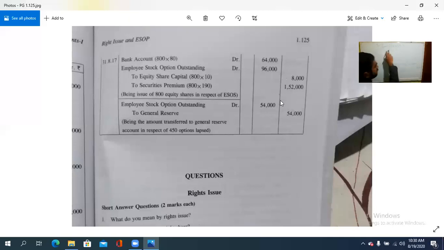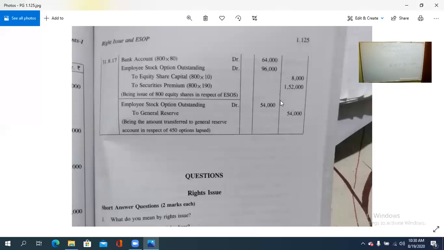So 800 into 80 is 64,000. Then employees stock option outstanding debtor 96,000 to share capital, to share premium. How much is the share capital amount?